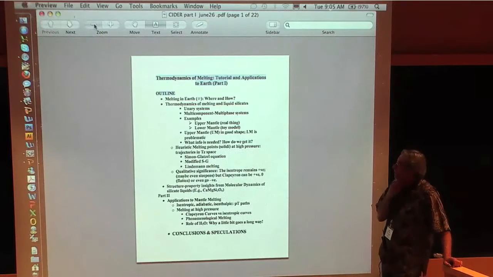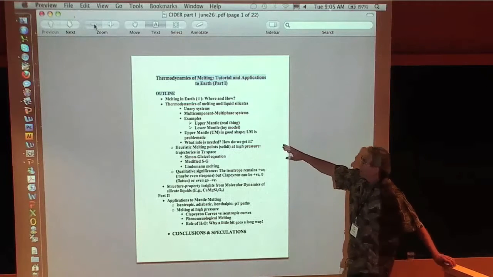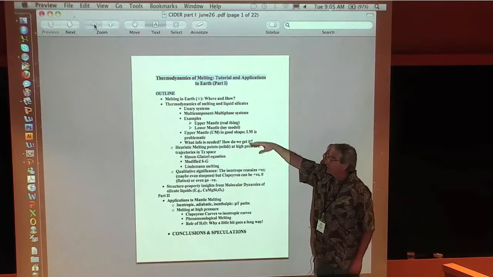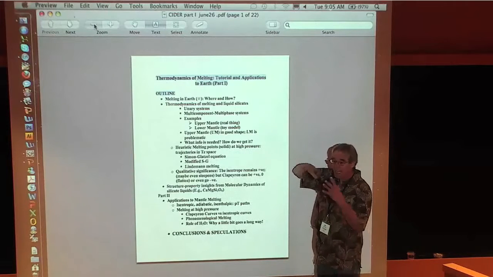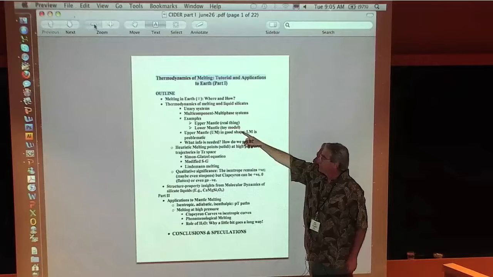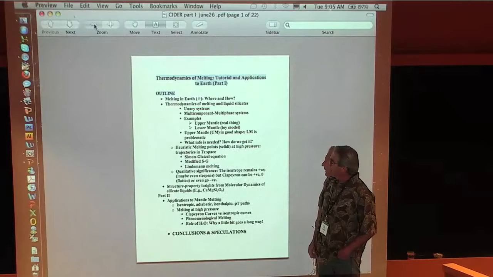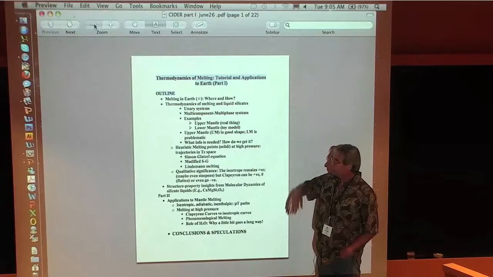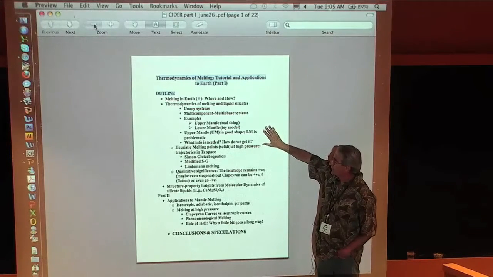I'll talk about the basic thermodynamics of melting a little bit, give you the full Monty treatment on the upper mantle, some melting in the Great Basin, show you how we could actually model things, and then present some ideas of the lower mantle using a much more simplified system, drawing on all sorts of research here. And the conclusion there is this.